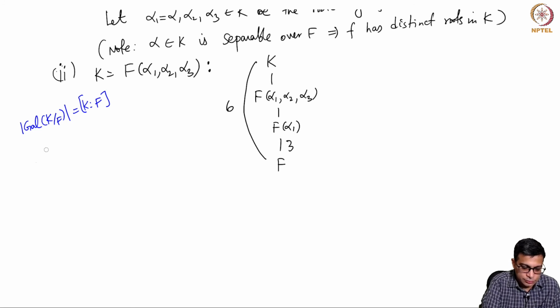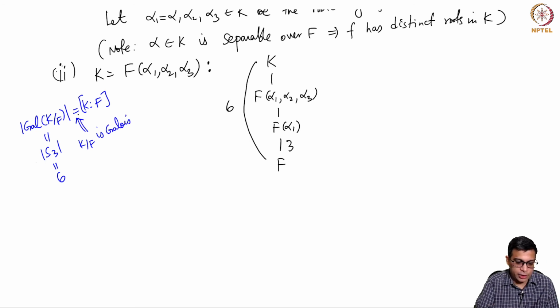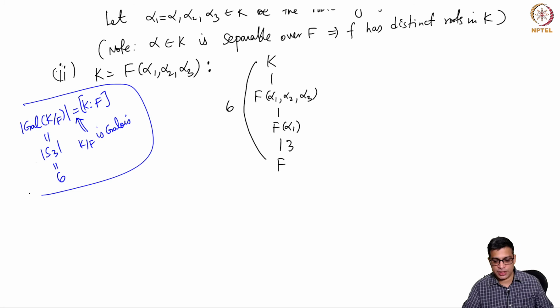This is 6 because this is S3, and this equality is because K over F is Galois. So it is a degree 6 extension.